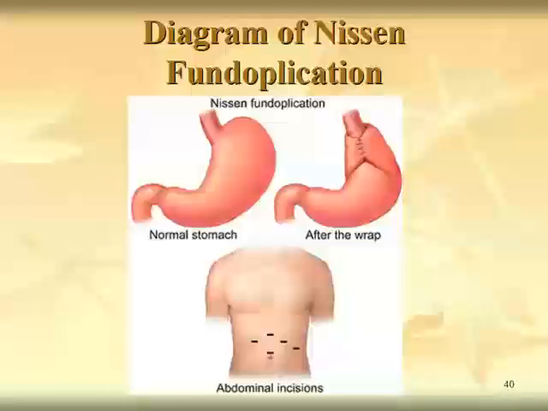So here's an example of what a Nissen fundoplication would look like. If you look at the picture to the right, it shows what actually happens as the gastric fundus is wrapped around the esophagus, and it kind of helps to reinforce then that lower esophageal sphincter, and it anchors it below the diaphragm.